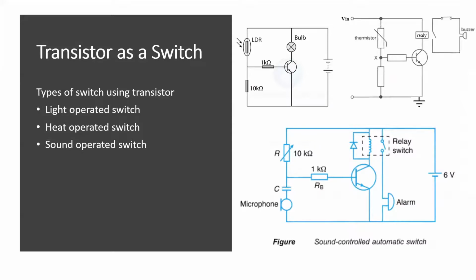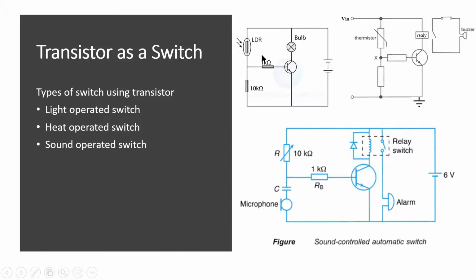Some switches work on light. You may have seen alarms or some lights which will glow when there is light, or when there is absence of light. Such special switches can be made with the help of an amplifier, a common emitter configuration. The different types of switch are light operated switch, heat operated switch, sound operated switch.